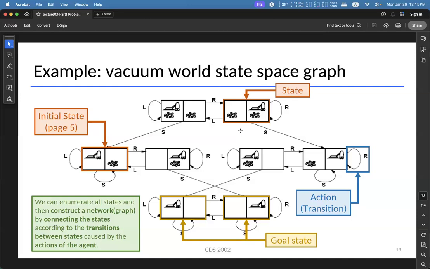So you may ask a question: Professor, it still seems to be a little bit complicated. I really don't know what you are talking about with the state, the goal state, and all these transitions.